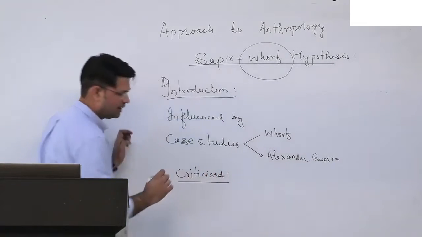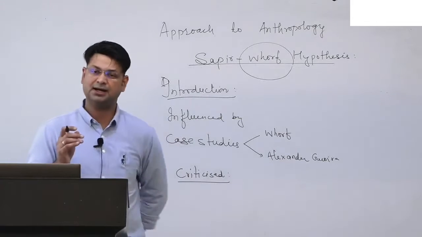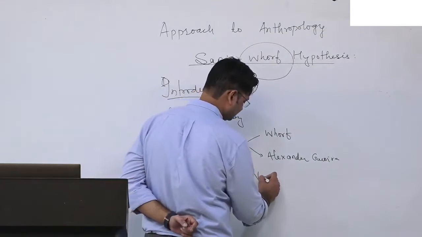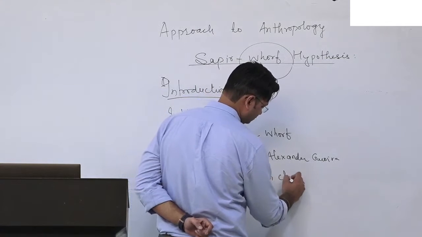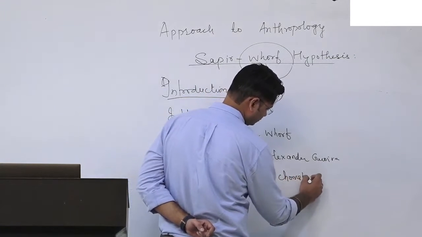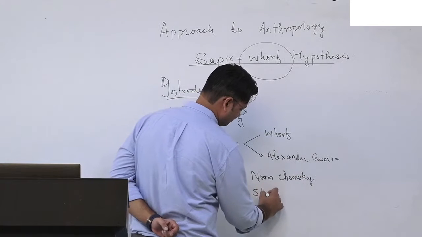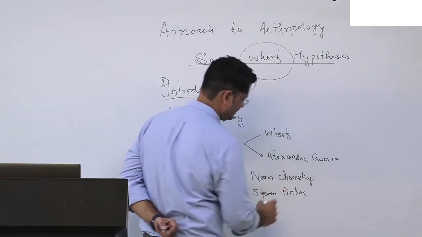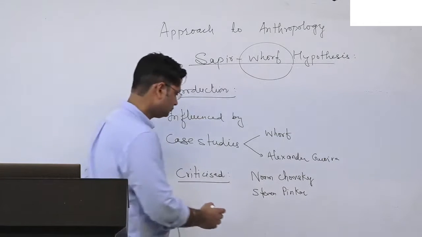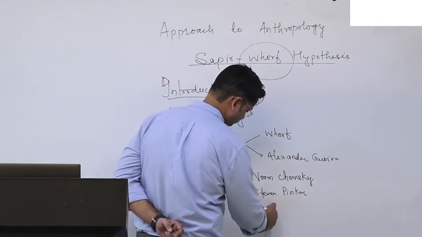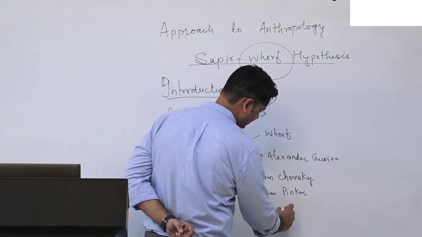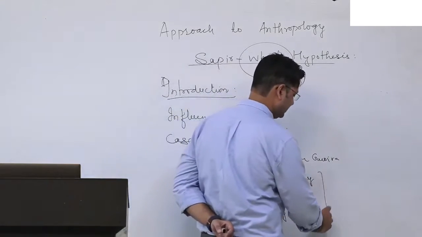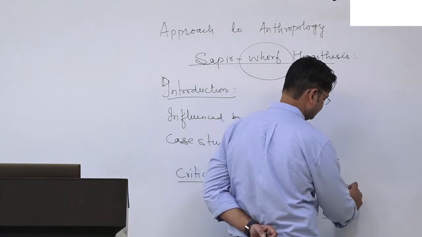It is criticized by many scholars, and the most prominent among them was Noam Chomsky, Steven Pinker and Lenneberg. They rejected this hypothesis as they say that it is linguistic determinism.